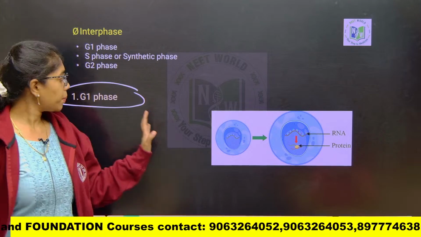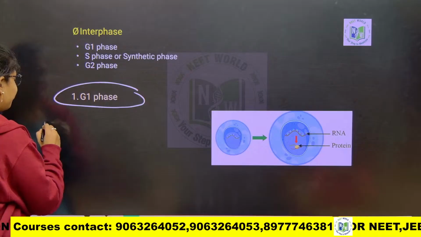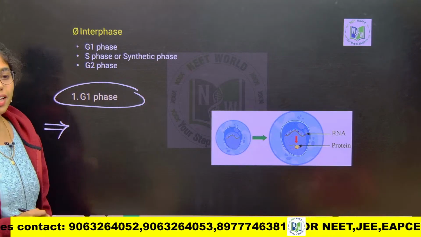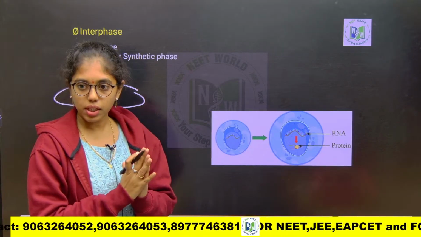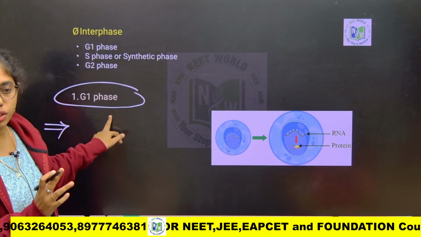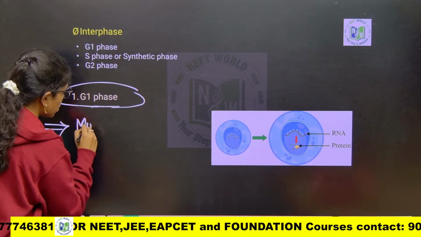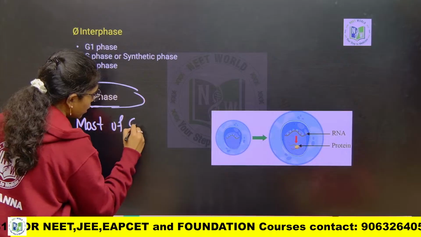Coming back to the concept, in G1 phase, cell size will be increasing. Most of the cell organelle duplication will happen in the G1 phase itself.